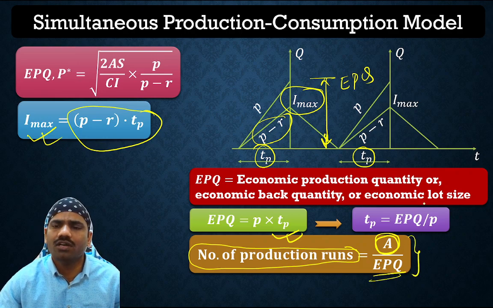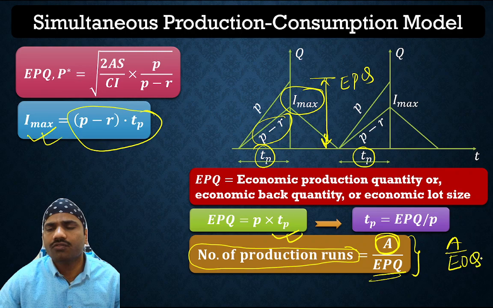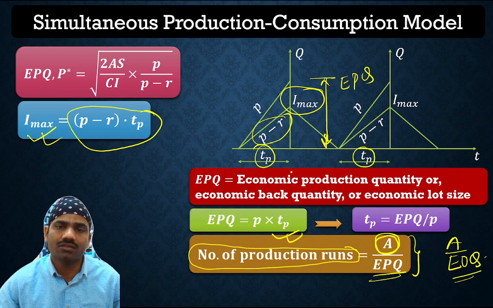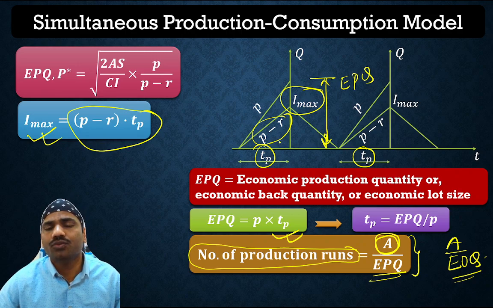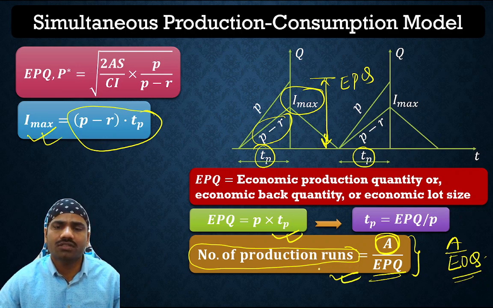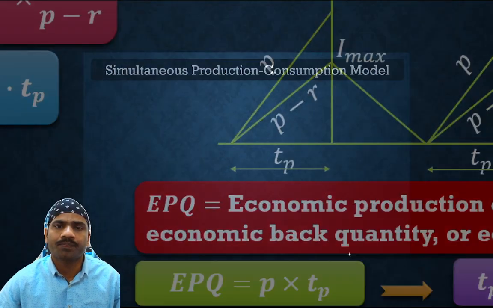Like in the earlier model, where we found the number of orders as A by EOQ, in the same way we can find the number of production runs, because we are producing on our own. We have to run the setup some number of times, and we can find that by A by EPQ. So this formula gives the number of production runs we have to make so that we have a complete supply of this demand, which is A.